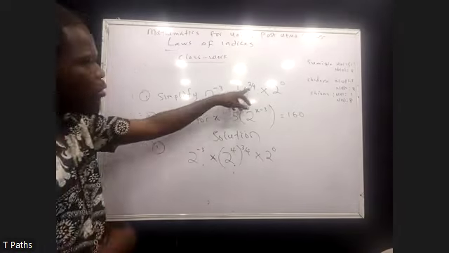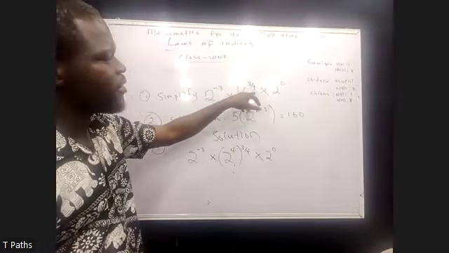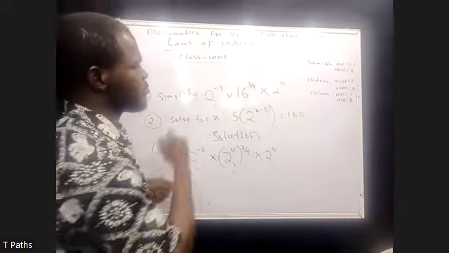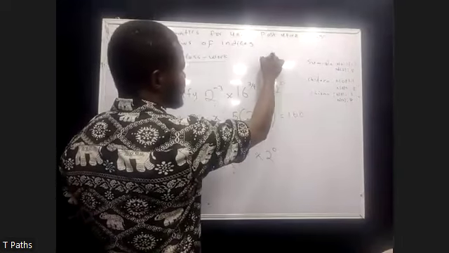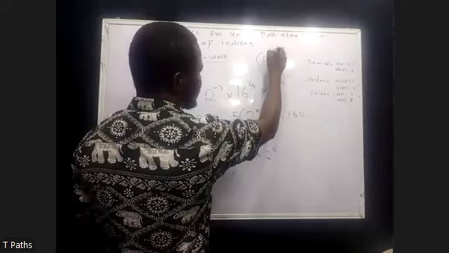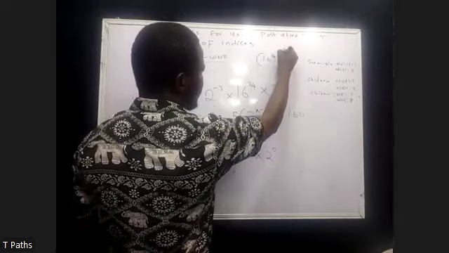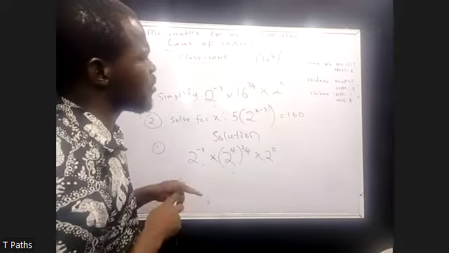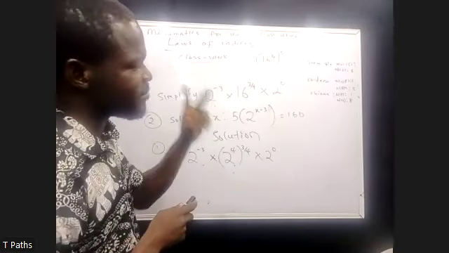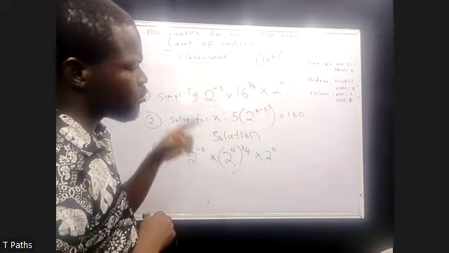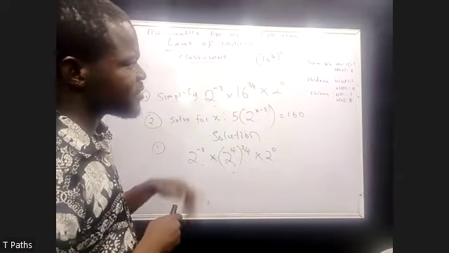Another person can look at this 3/4. This 4 means you have to find the number. Writing it like this, 16 to the power of 1/4 means you have to look for a number that you multiply 4 times to get 16.